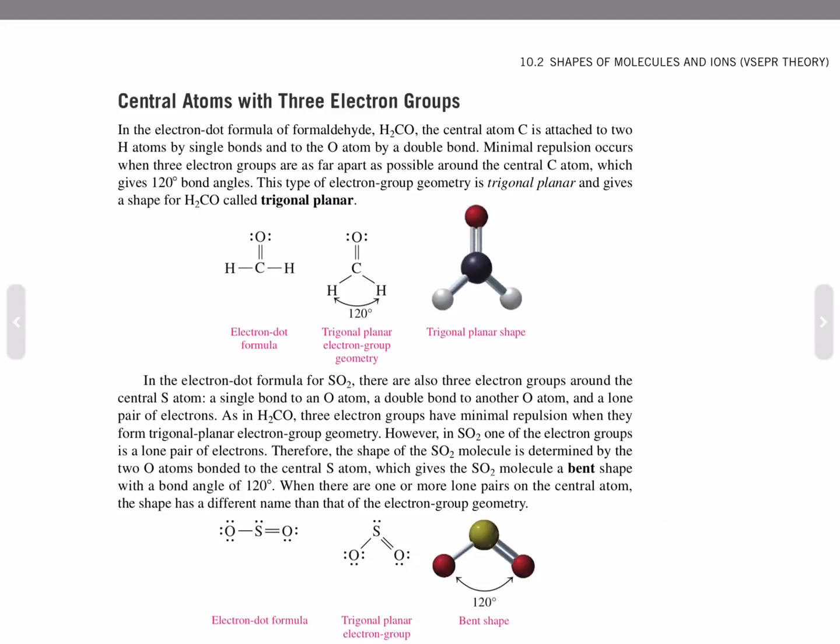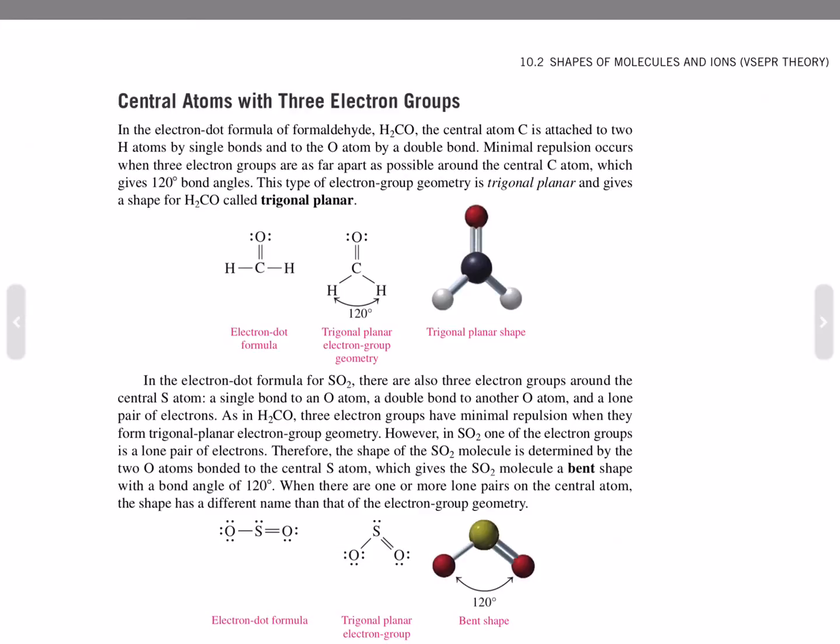In the electron dot formula for sulfur dioxide, there are also three electron groups around the central atom, a single bond to one oxygen, a double bond to the other oxygen, and a lone pair of electrons. As in H2CO, these three electron groups have minimal repulsion when they are in a trigonal planar electron group geometry.